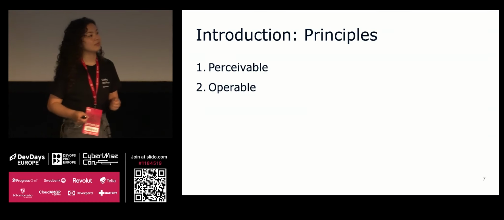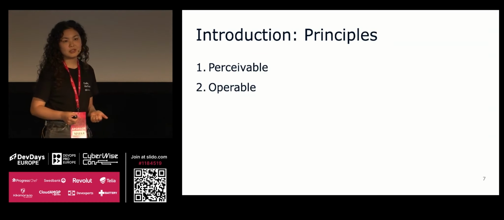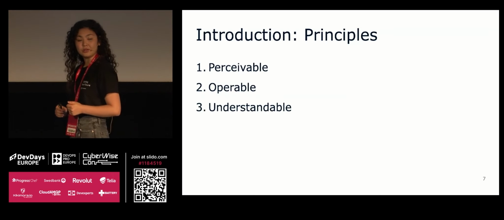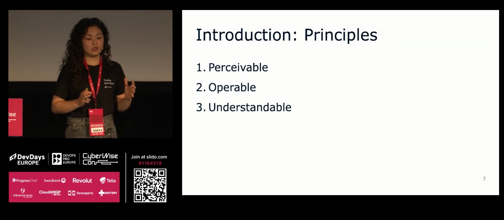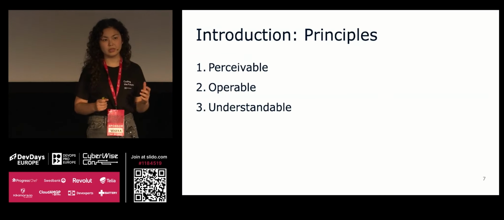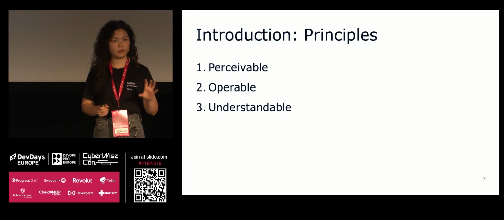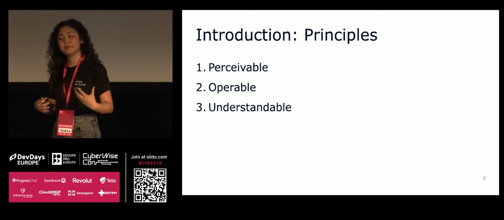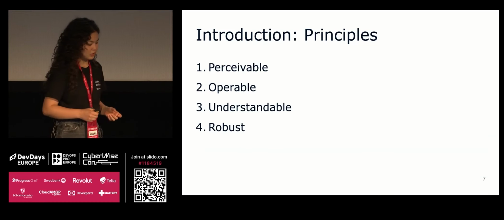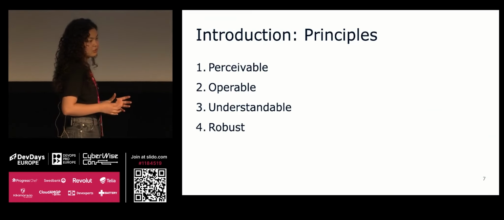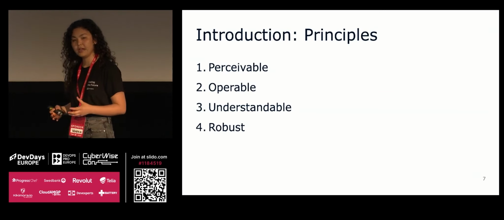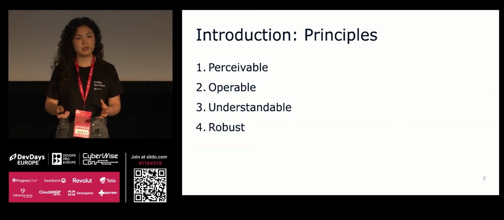So offer second chances, cancellation options, and instructions. And understandable: use clear, concise language and create a predictable layout using a header, body, footer kind of structure. Just keep it familiar. And lastly, robust: within certain limits, your product should work well enough in all of the common devices and browsers.